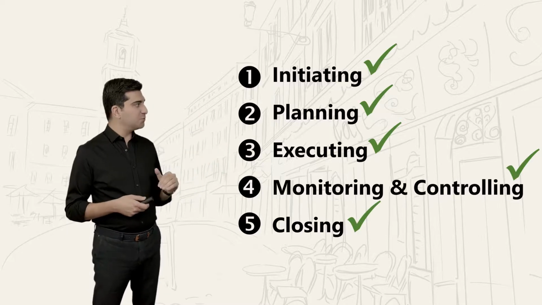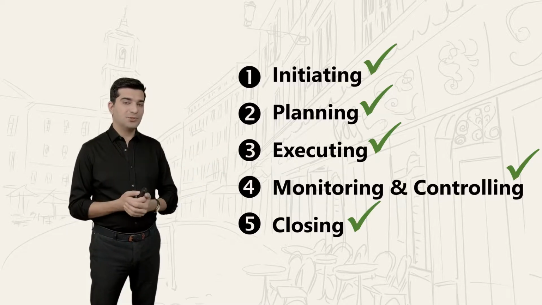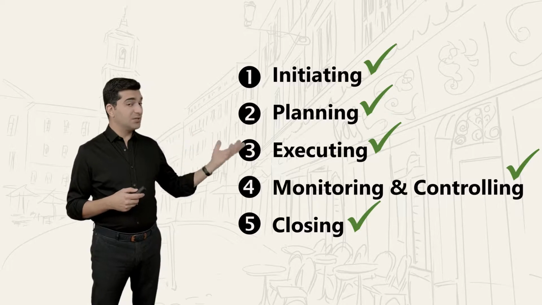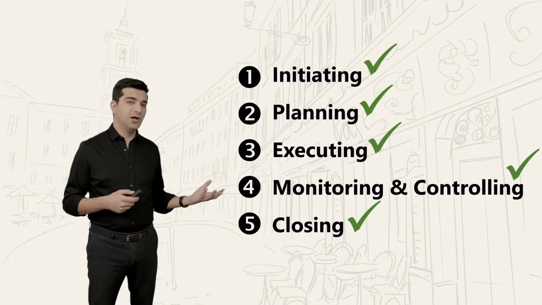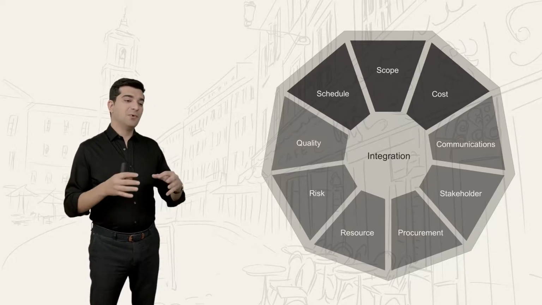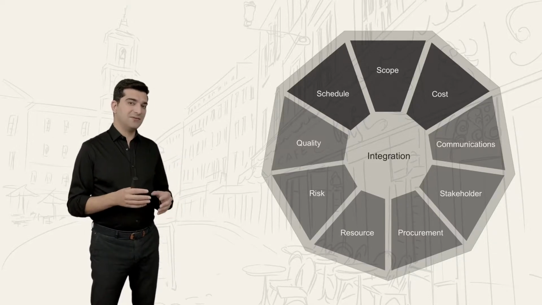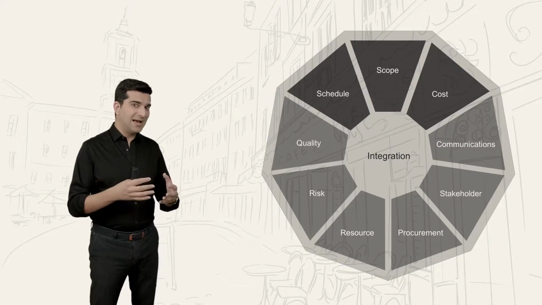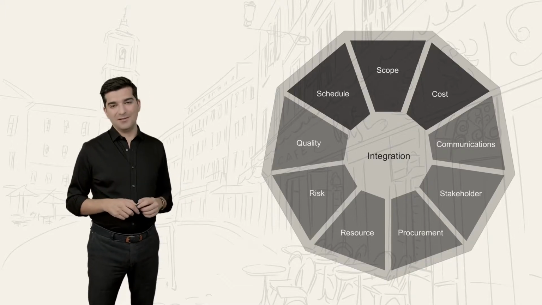So we will go through each process group, we will see how they work together, and then we will proceed to the next one, which is about knowledge areas. We will review all activities, all processes, but from the knowledge areas perspective, and that's when we will have all the details in the PMBOK guide.